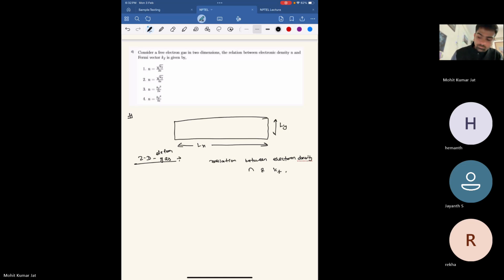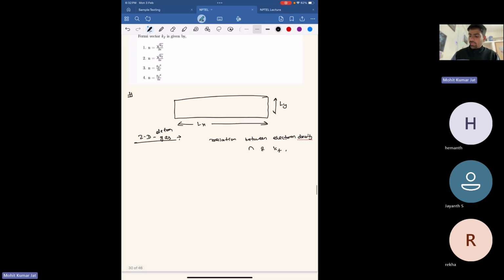So we all know that the total number of states N will be given as the integral from 0 to kF of d2k, and each k state, it's 2 dimensional, so d2k, carries a space of 2 pi by L, 2 pi by whatever the area of the system is.